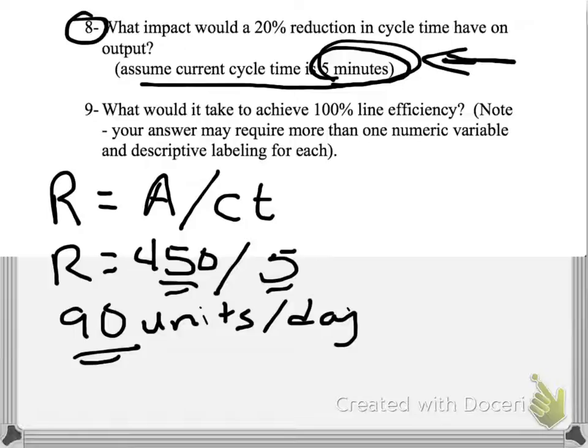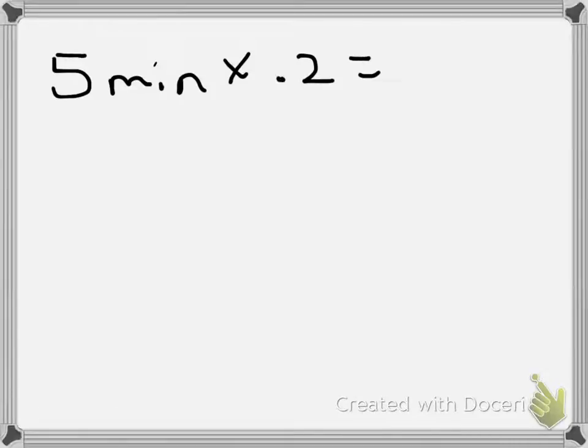So let's look at what a 20% reduction in cycle time has on that output of 90 units. With a 5-minute cycle time and a 20% reduction, we take 5 times 0.2 equals 1. So a 1-minute reduction in cycle time would leave us with a 4-minute cycle time.